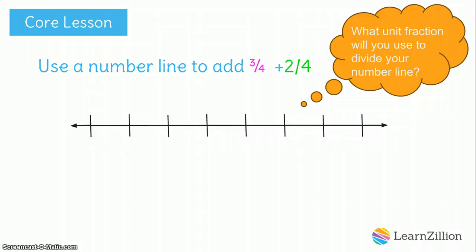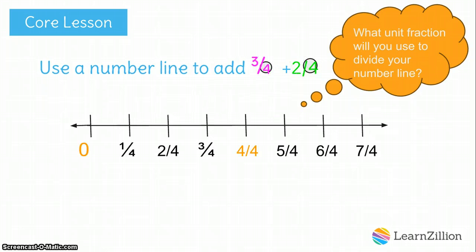Now, let's use a number line to add 3/4 and 2/4. What unit fraction will you use to divide your number line? I'm going to look at the denominator, and I see a 4, so I know my unit fraction is 1/4.